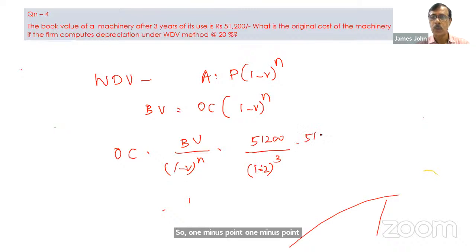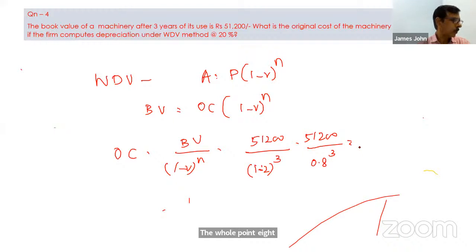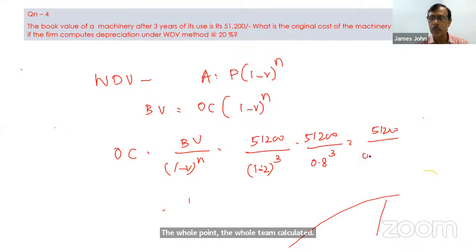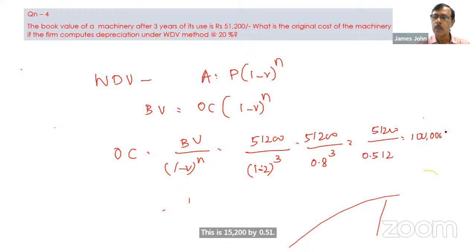This is equal to 51,200 by 1 minus 0.2, which is 0.8, the whole cube. Calculated, this is 51,200 by 0.512. What is the answer? 1 lakh. Yes. Clear?